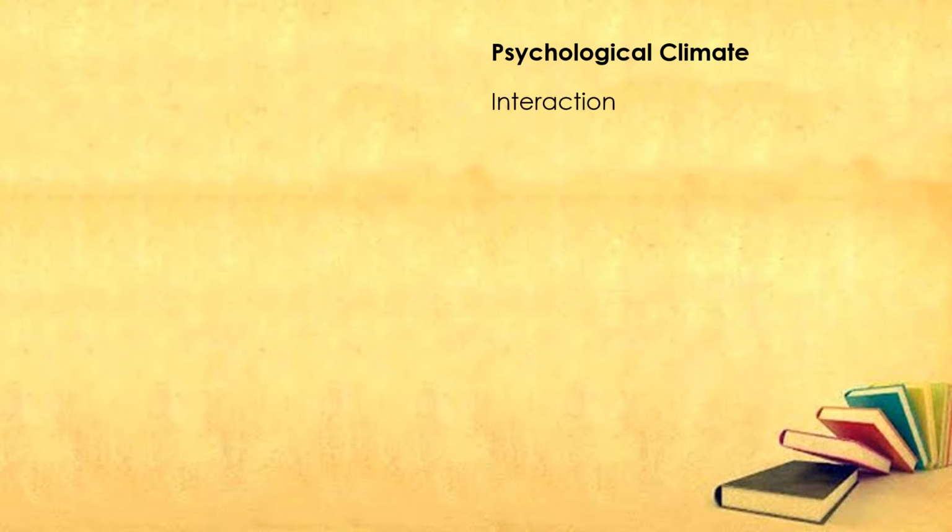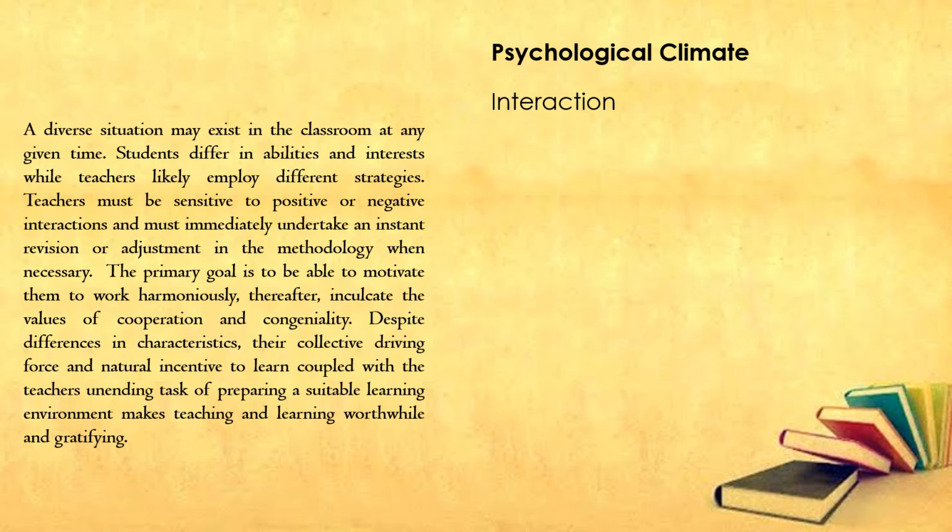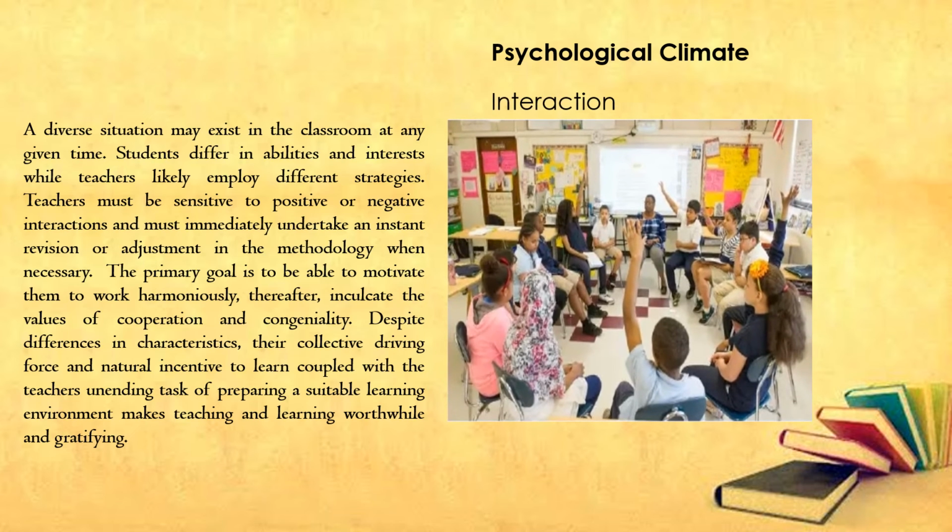Next is interaction. Teachers must be active and sensitive during their interaction with their students, especially if it is negative. Inside the classroom, every student differs in abilities and interest, as well as learning style. So teachers should immediately change or revise the methods and strategies they have been using.